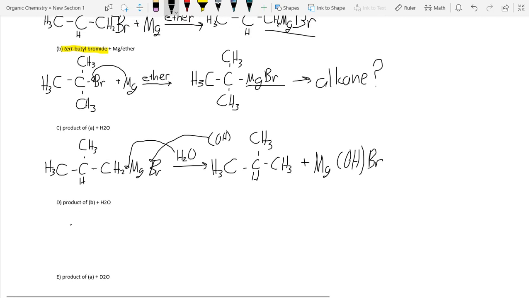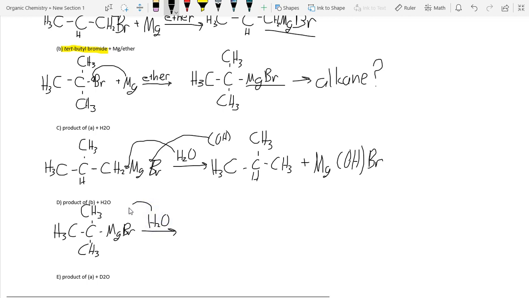Now for D, I'm taking the product of B, which was the tert-butyl Grignard, CH3 MgBr, and I'm adding water.